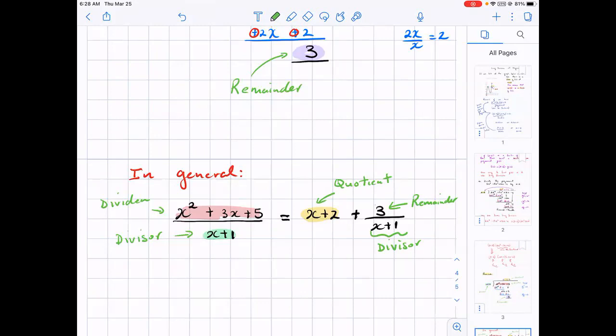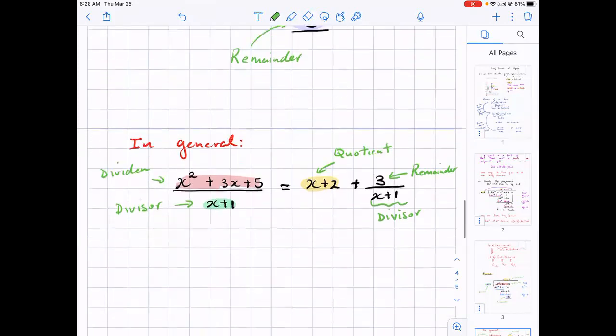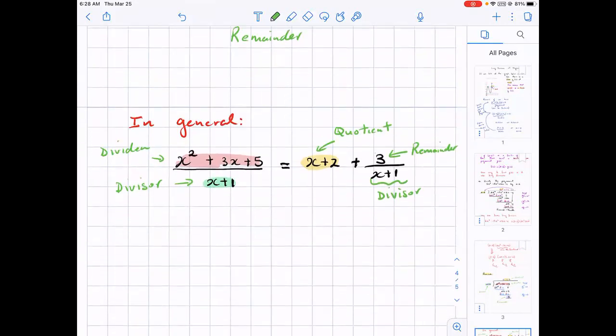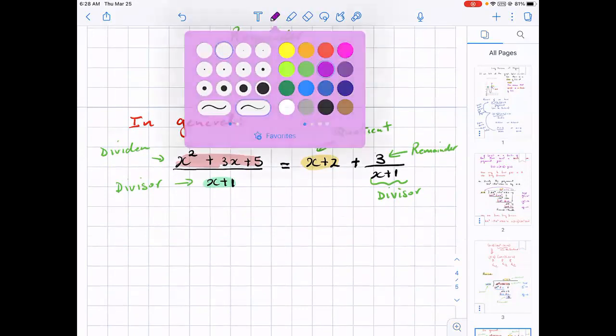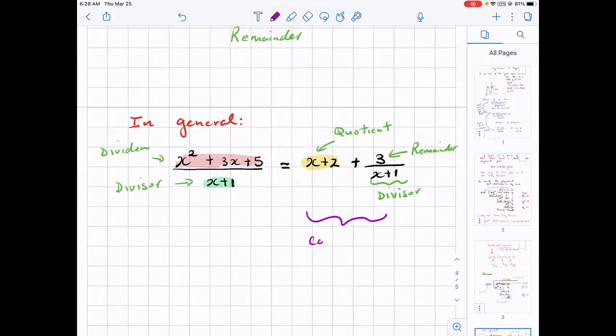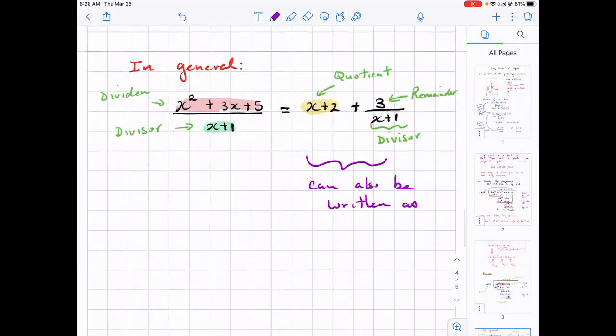Now that brings us to what is called the division algorithm. Now you'll see that if we multiply both sides by x plus 1, this implies this here can also be written as x plus 2 times x plus 1 plus 3.